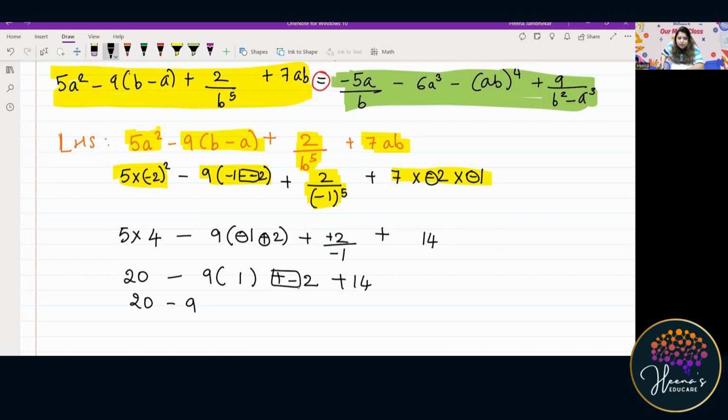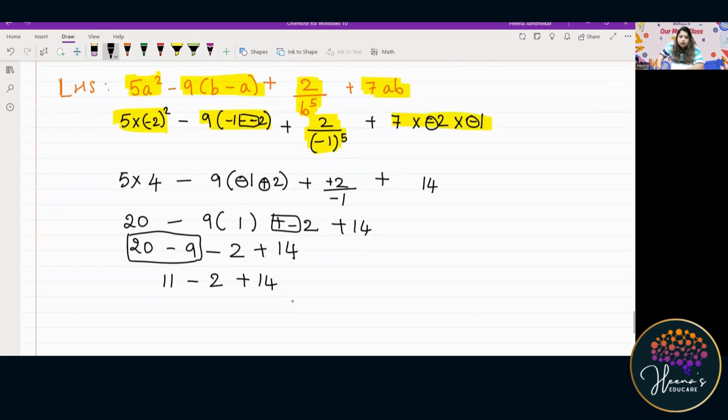Plus and minus gives you a minus, and then 2 plus 14. 20 minus 9 gives you 11, minus 2 plus 14. 11 minus 2 gives you 9. 9 plus 14 gives you 23.